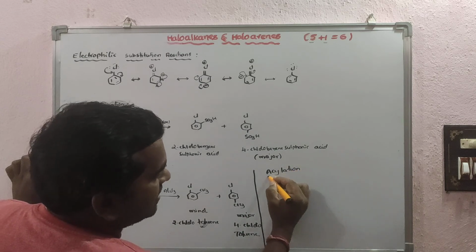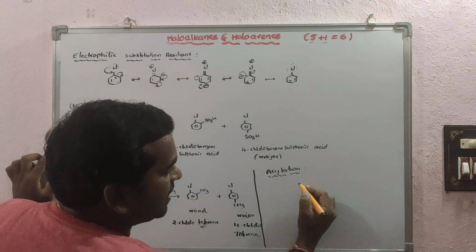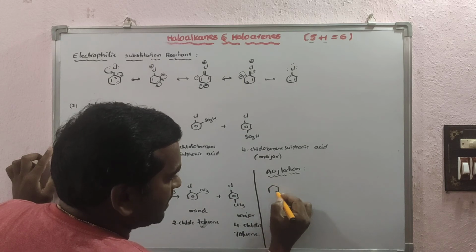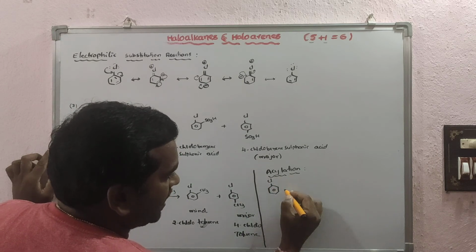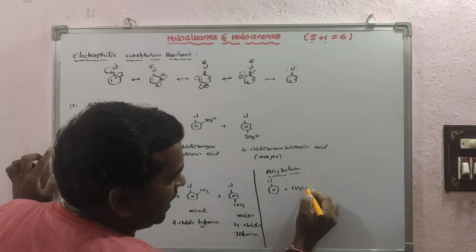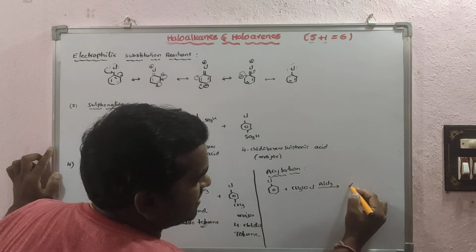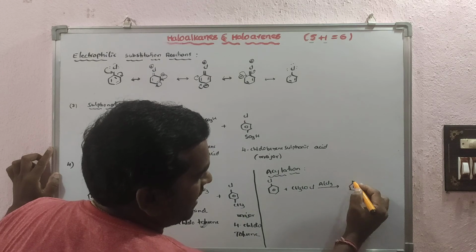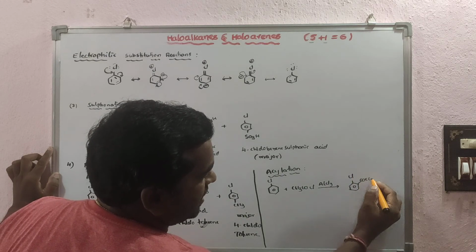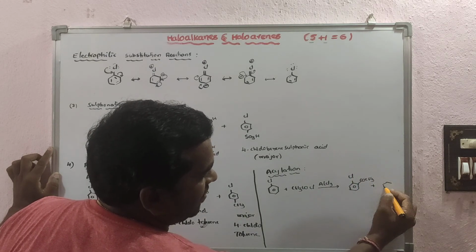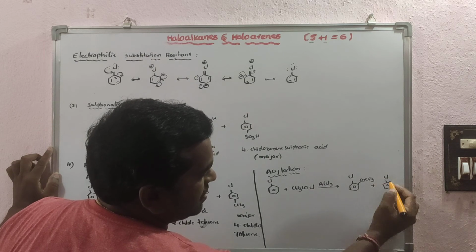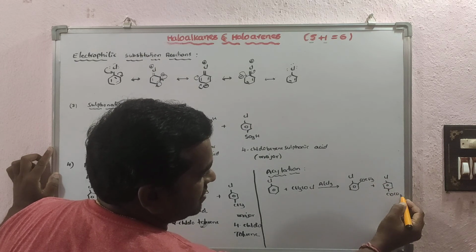Friedel-Crafts which one? Acylation. So what will we take here? We take the same chlorobenzene and acyl chloride RCOCl, in the presence of anhydrous AlCl3. Then you will get the ortho compound with COCH3 and the para compound with Cl and COCH3.